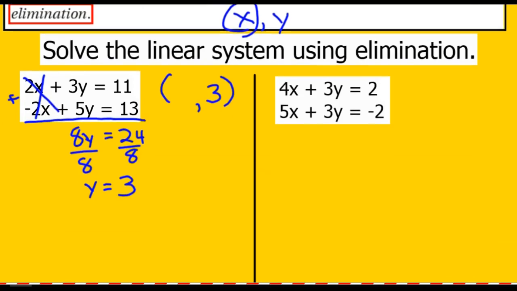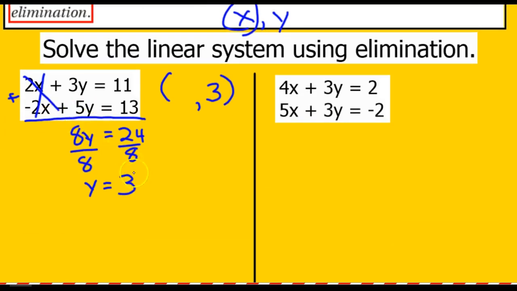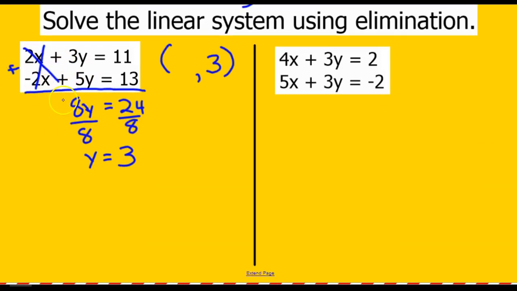So how we find x then is we substitute this 3 in for a y. We can do either equation. To me, it's easier to do the positive one. So 2x plus 3, now instead of y we would have 3, equals 11. 3 times 3 gives us 9.